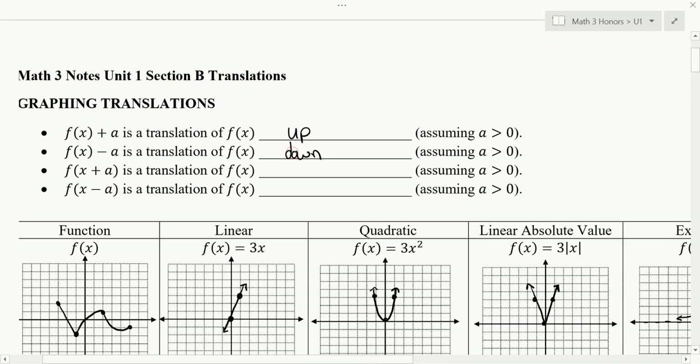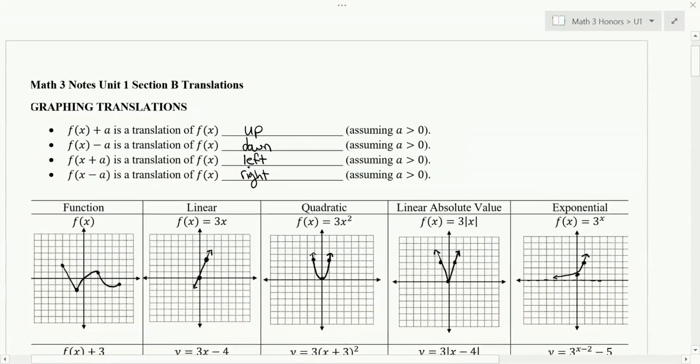If you plug in x plus a instead of plugging in x, it shifts it left to right, and in this case, it's going to shift it left. And if you plug in x minus a, it's going to shift it to the right. And we're going to start to see that on some of these examples.